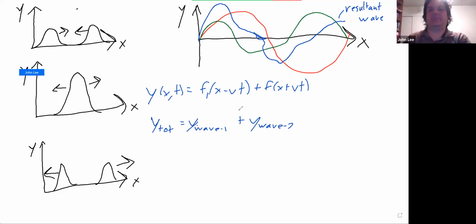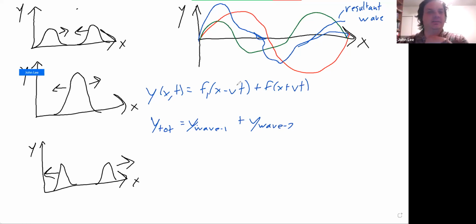I didn't draw it that well, but that's around what it looks like. It's going to be like this weird blob that has properties of both the waves, but you just add them together.